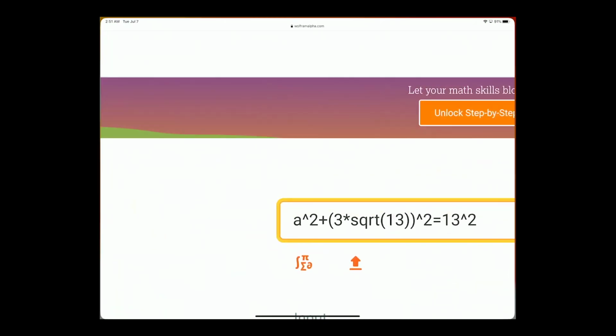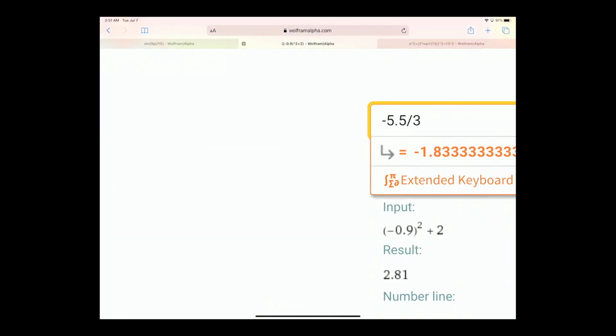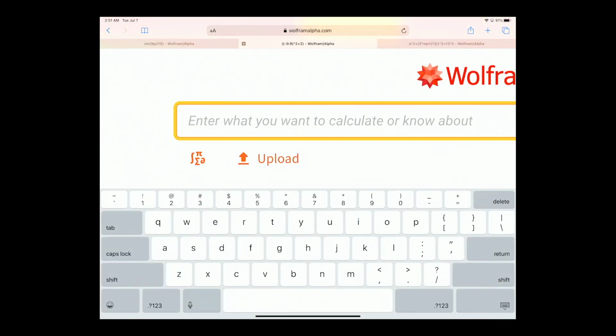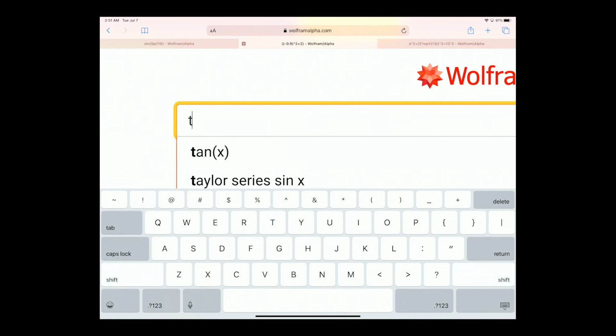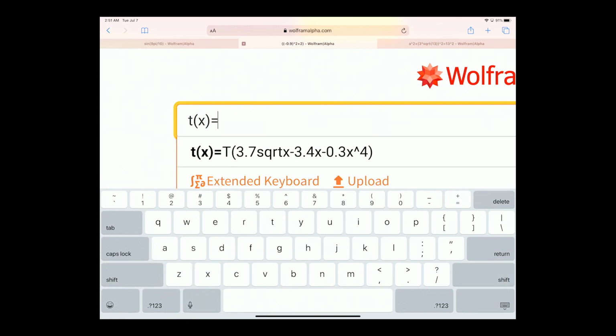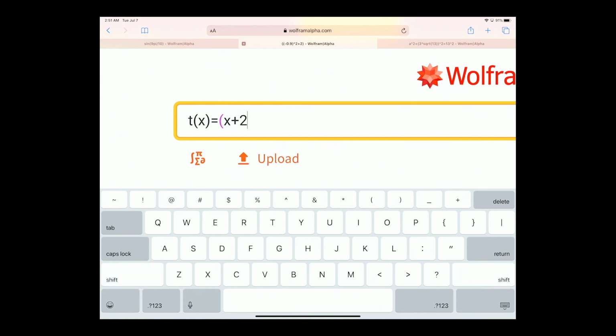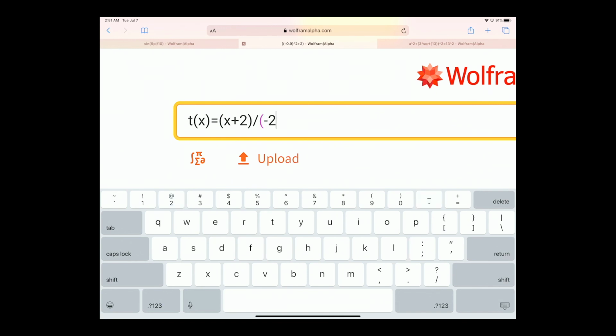If I go to Wolfram Alpha or Symbolab, but Symbolab doesn't work very well on my iPad, so Wolfram Alpha, I can say t of x equals... Our problem was x plus 2 on the top over parentheses, negative 2x minus 2, and then you just ask what you want.